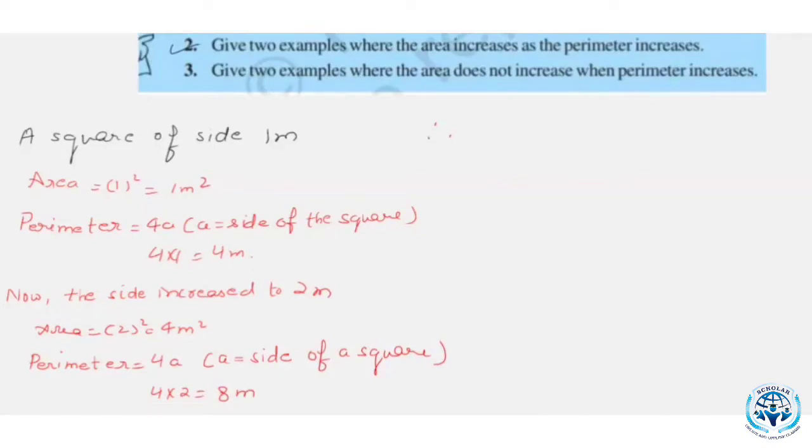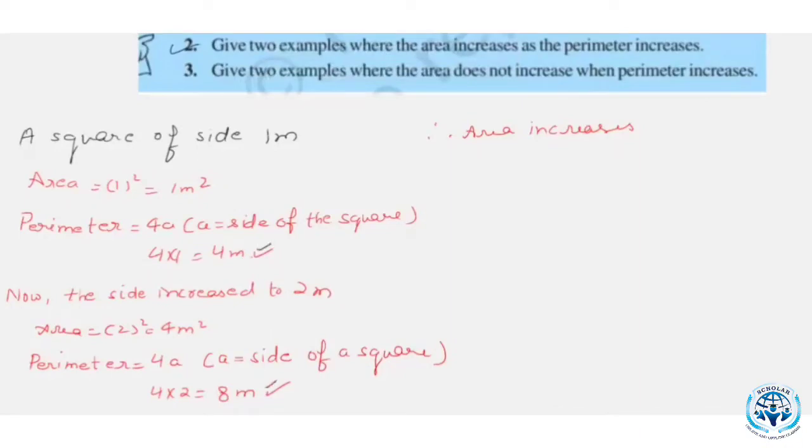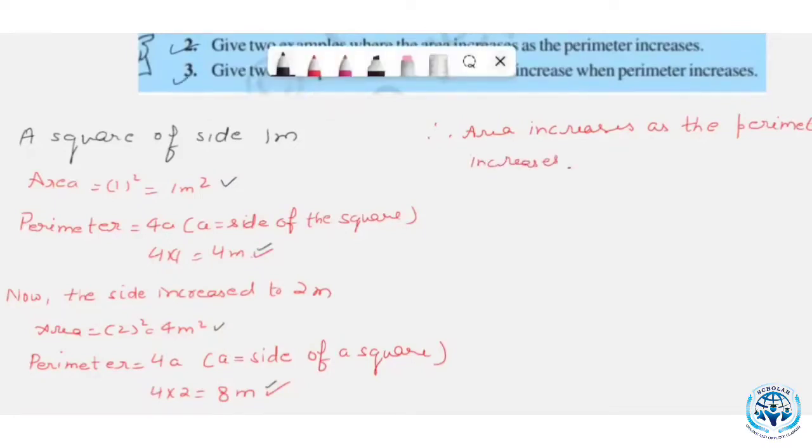That means area and perimeter both are increasing. We will write: area increases as the perimeter increases. You can see the perimeter increased from 4 meter to 8 meter, and the area increased from 1 meter square to 4 meter square. This was the first example.